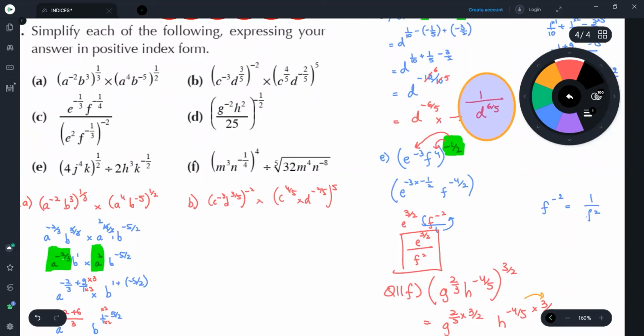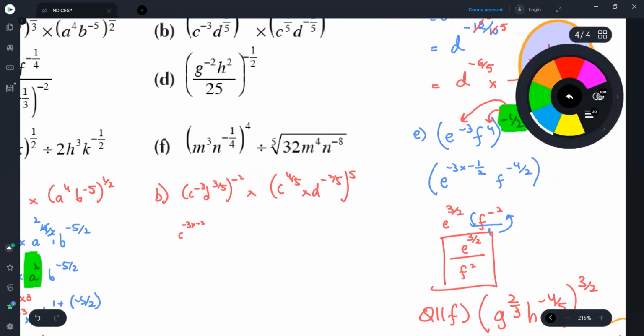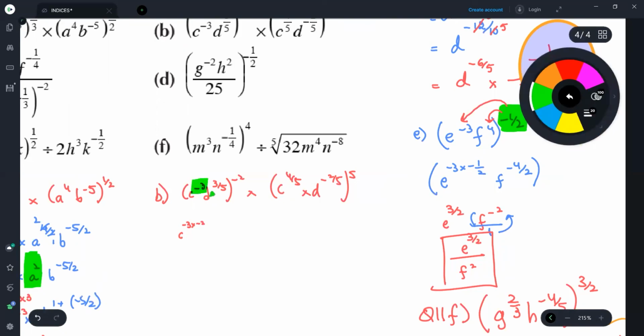So now it's going to be bracket open c to the power minus 3 upon minus 2. It's not multiplying it by a fraction. All you have to do is to multiply this with this, minus 3 multiplied by minus 2. That's it.